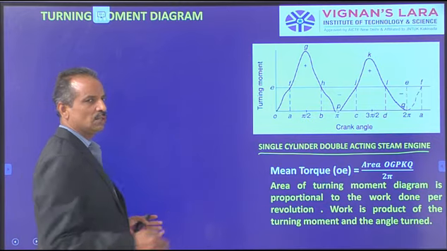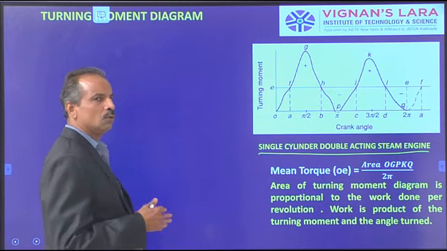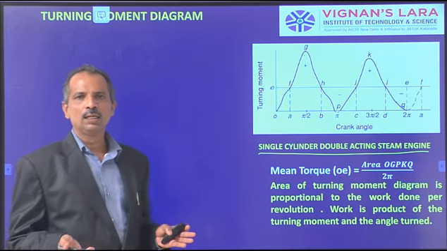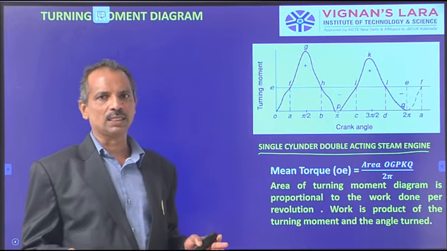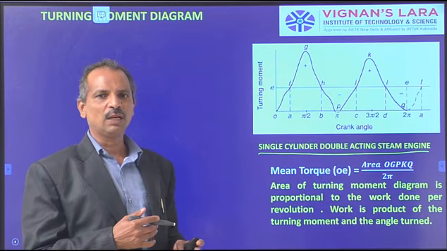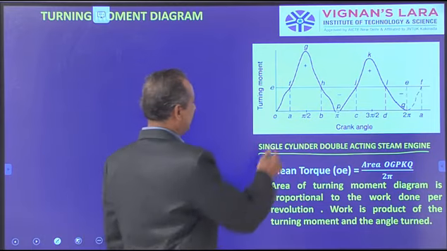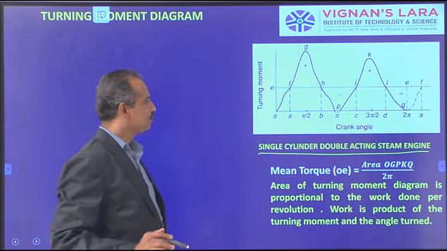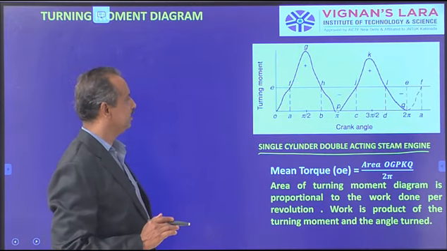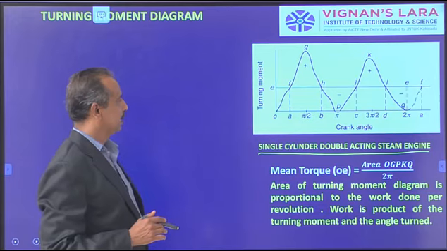In a steam engine a D-slide valve operates, entering the steam from one side and leaving the other side. It gives power in both the left to right and right to left strokes. So in that case, I have drawn a diagram associated with this turning moment diagram.